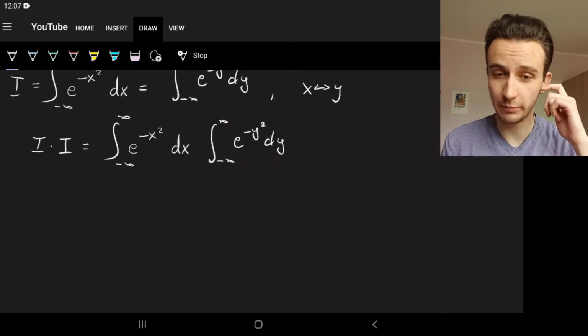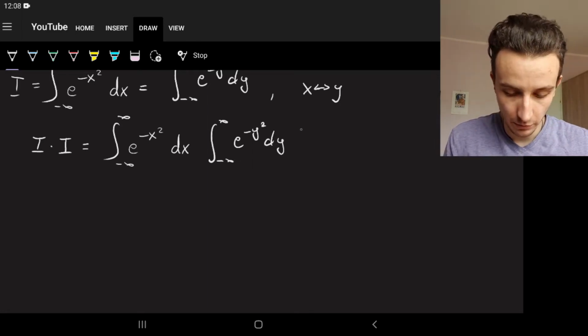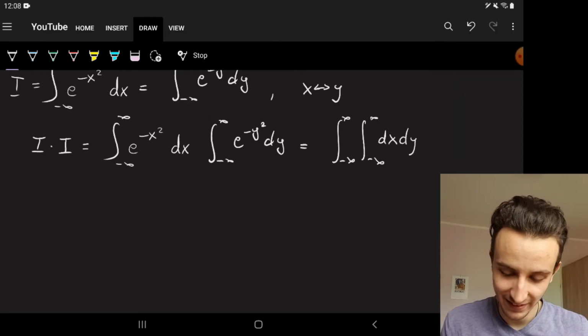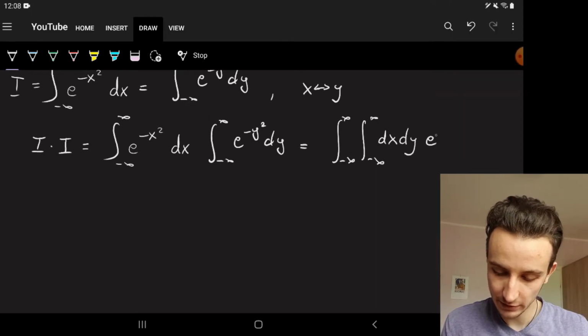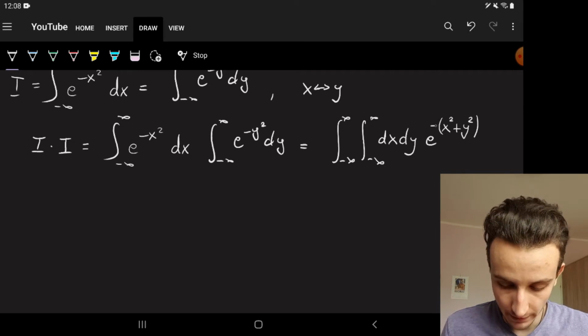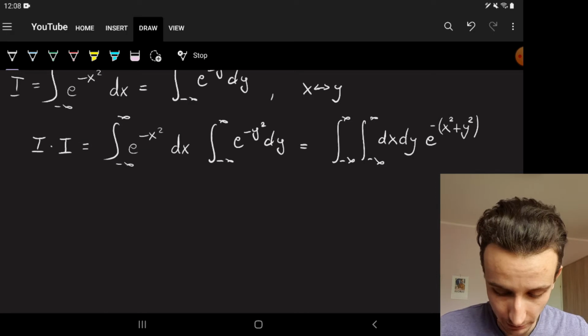Now, since they're dummy variables, we can just mix everything up, put everything under the integral signs. Gonna write dx dy first, like a physicist. And then the arguments, which can go up together, because exponents can add. Yeah, there we go. And this is pretty much the last form in the Cartesian plane that we need.